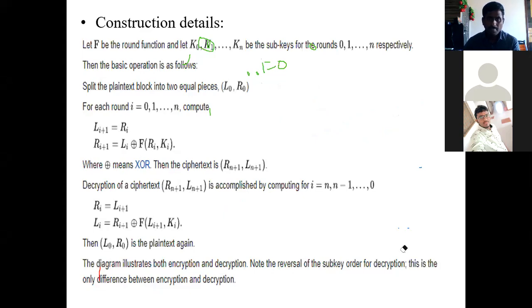So let us see the next slide. Here we have seen the construction and the mathematical representation of the encryption and decryption process.